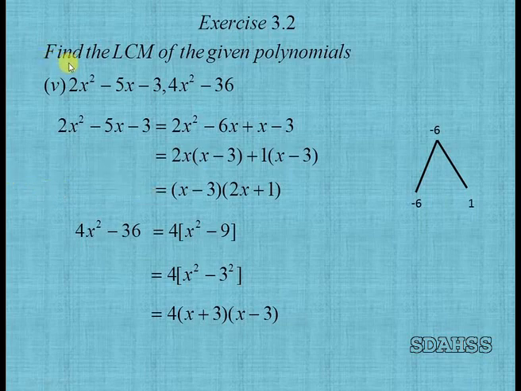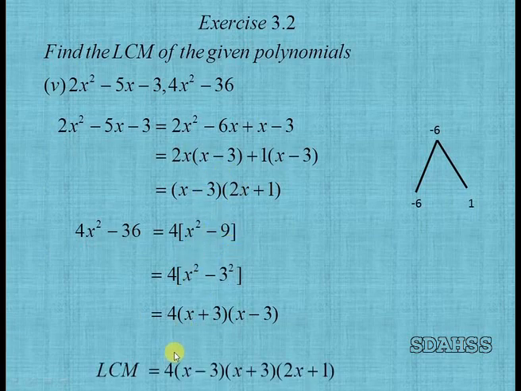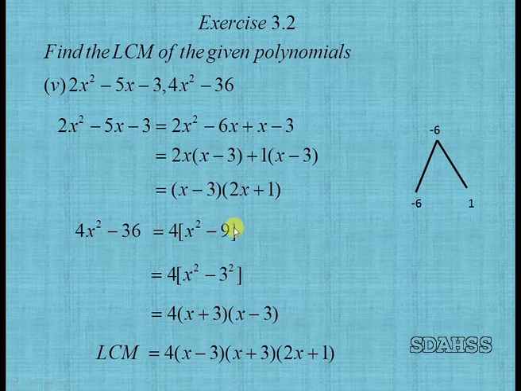Now you want to find the LCM. LCM means least common multiple. Now compare both answers. Find out the common factor first. Here the common factor is x - 3.